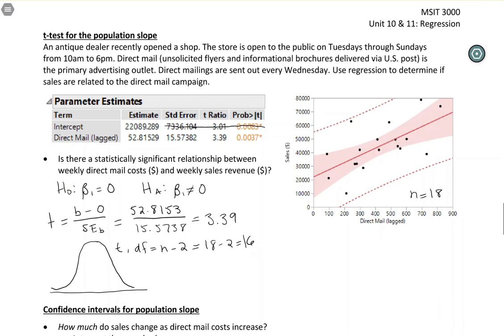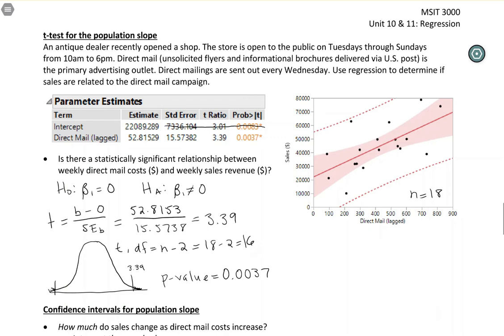And we're going to find our t statistic, find 3.39 on the graph. And we're going to shade everything beyond that. And then same on the other side, shade everything beyond. Okay, so my p-value is 0.0037.